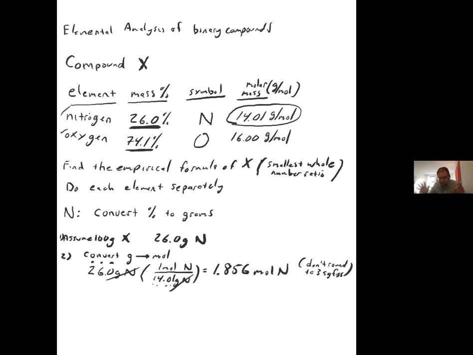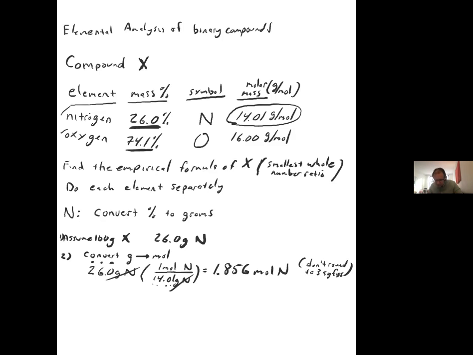If the question was, in 26 grams, how many moles of nitrogen is it, then you would round it, because that would be the answer. But because we're going to use this in another calculation, you keep 1 extra sig fig. You can keep more than 1 if you want to. That's perfectly fine, but keeping 1 extra usually works fine. Okay, so there's your 1 extra sig fig.